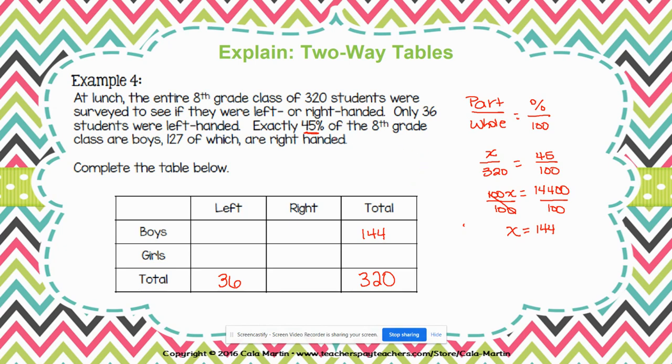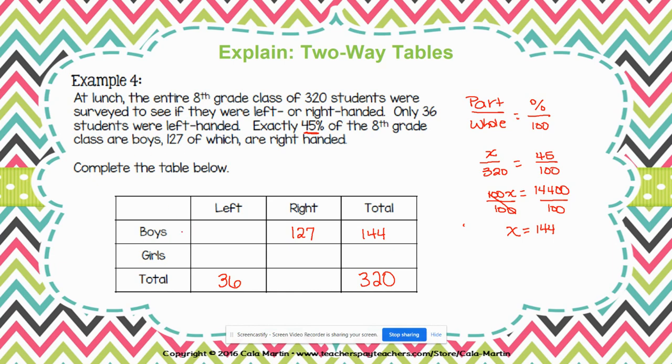And then it says 127 of which are right-handed. Well, there are 144 total boys, and 127 of those are right-handed. So now I have enough information, it looks like, to possibly complete my table.